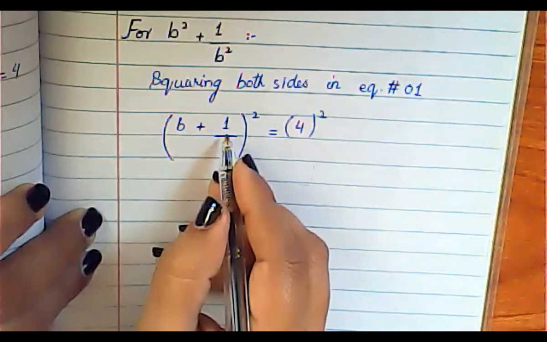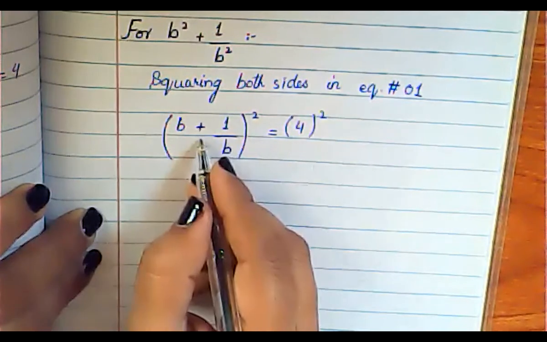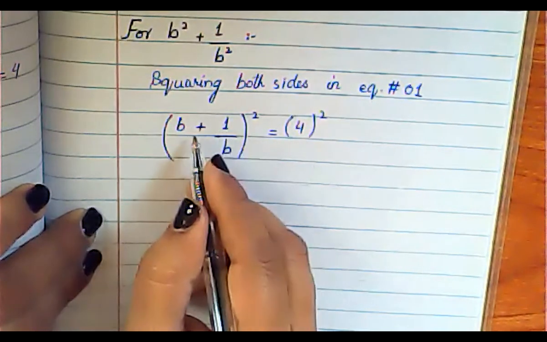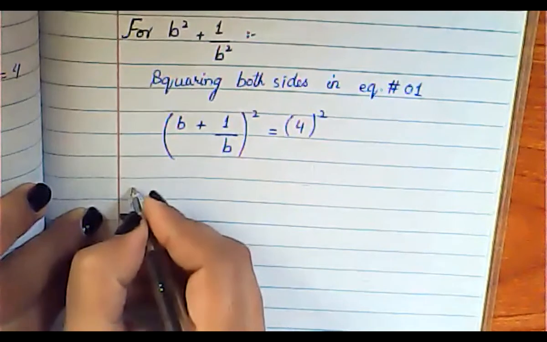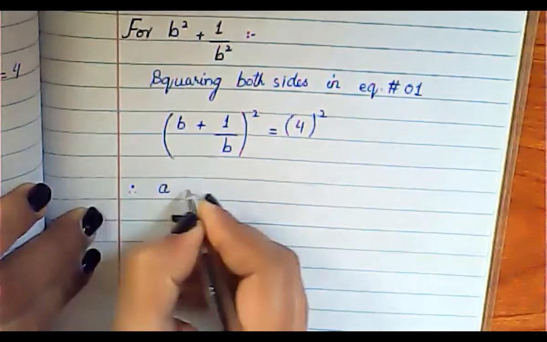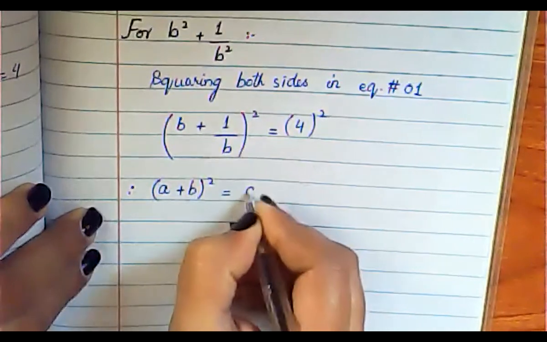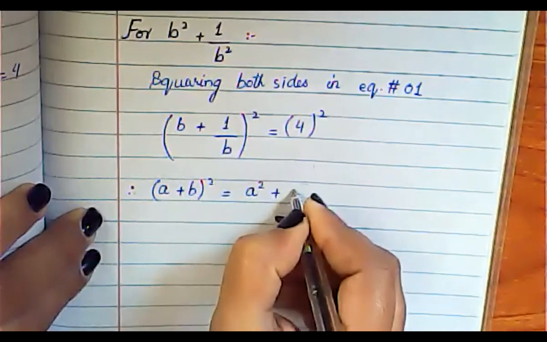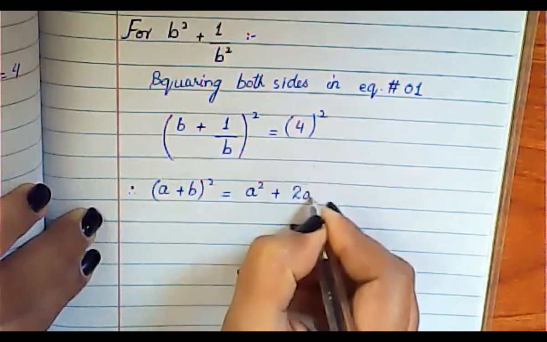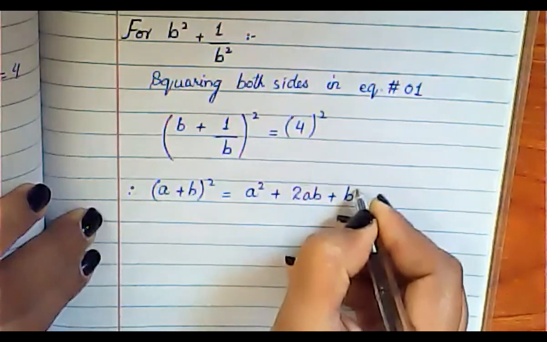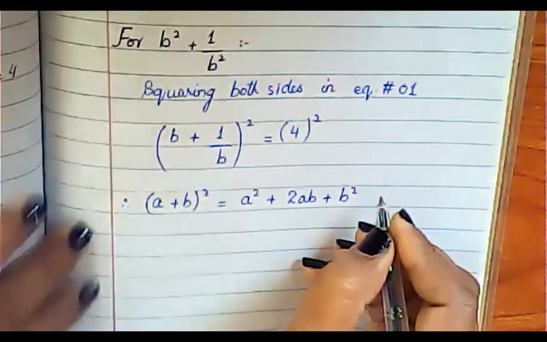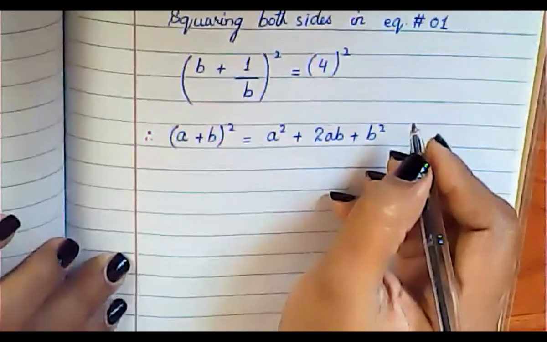So simply you will apply the formula here. Now which formula are you going to apply here? A plus b whole square is equals to a square plus 2ab plus b square.